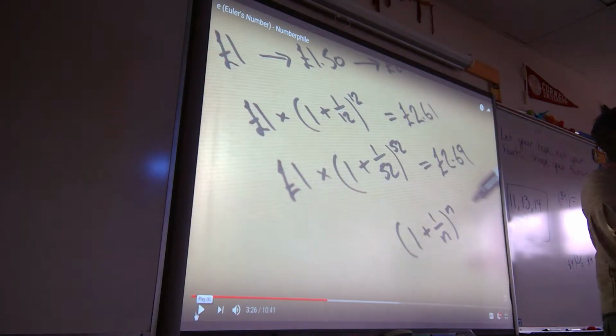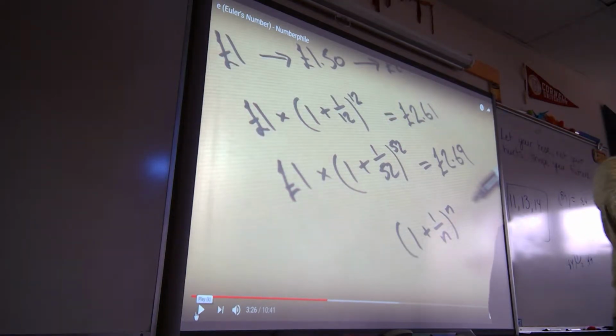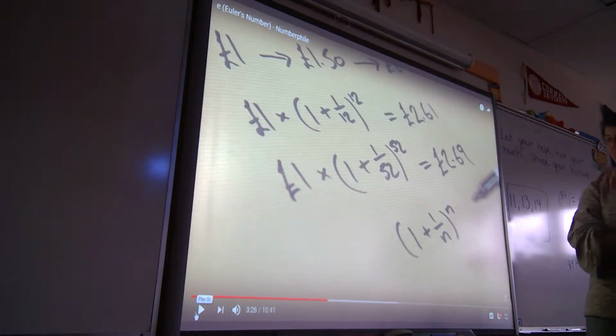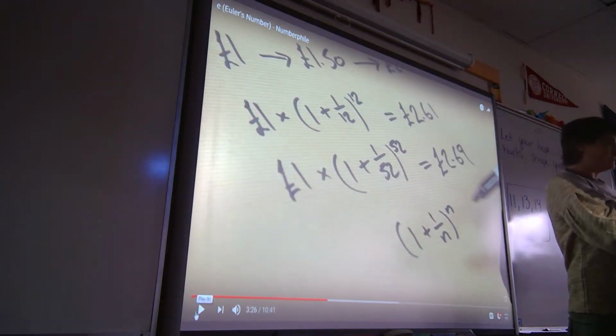The interest rate is more like 0.004, so it's significantly smaller. But absolutely, this is how the banks give you interest in bank accounts and stuff like that. So this ends up leveling off, and it ends up leveling off at the value of E.